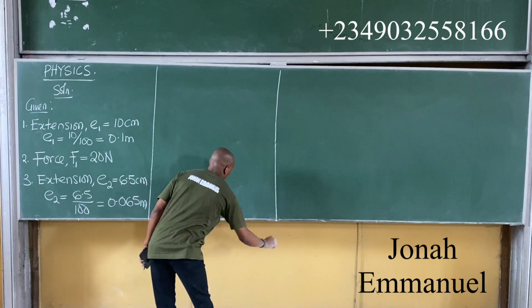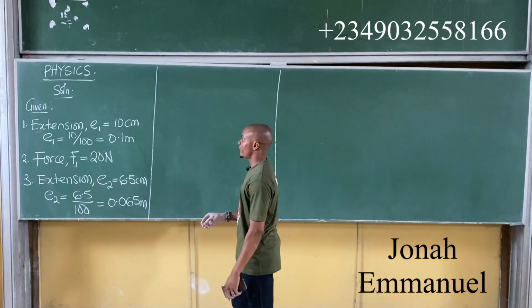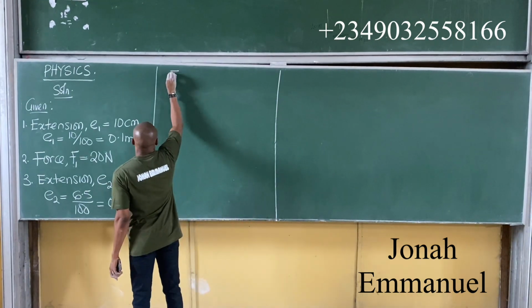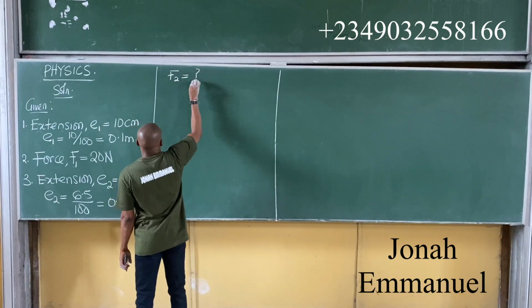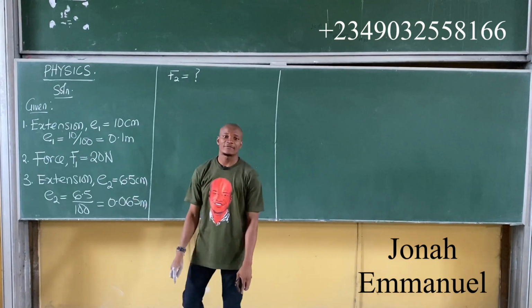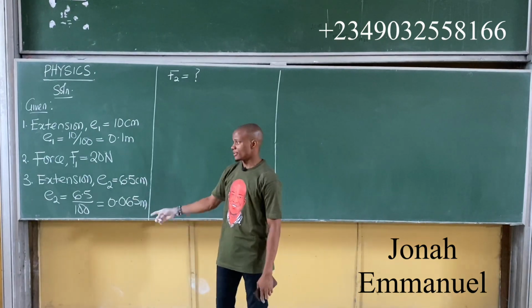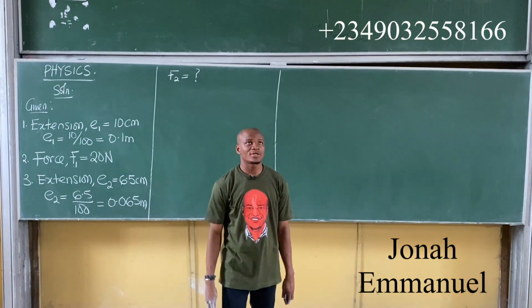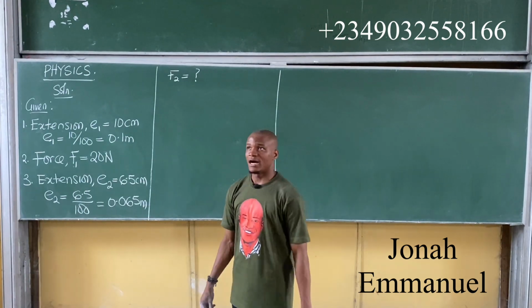So what's next here? The question asks what force. I'm looking for F2, which is unknown. What force will be required to extend it by this? F2 is the force required to cause this extension. This is a problem of Hooke's law.